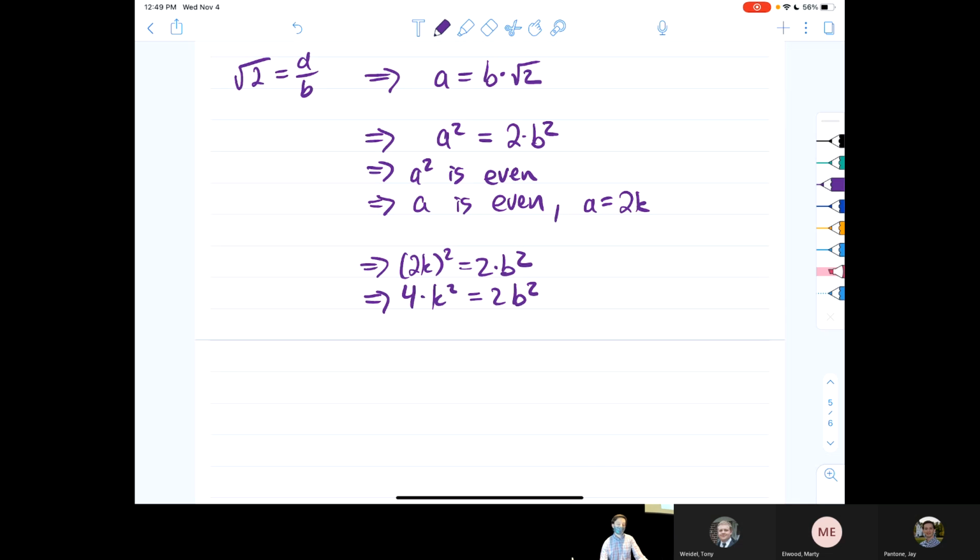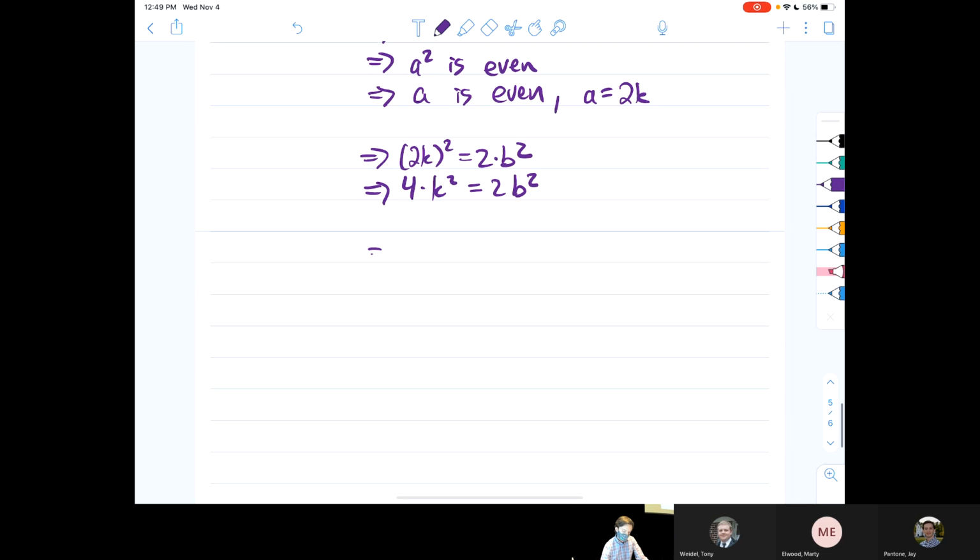And let's divide out the common factor of 2. 2k squared equals b squared. So now this means b squared is even. And by that exact same theorem, if b squared is even, then b is even.